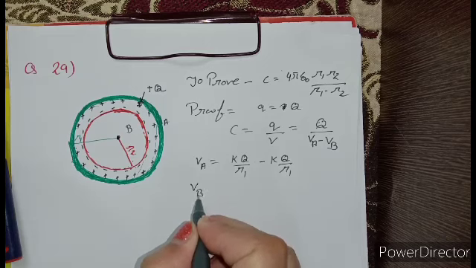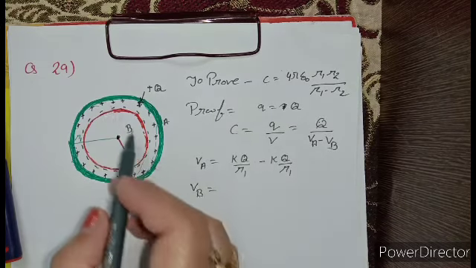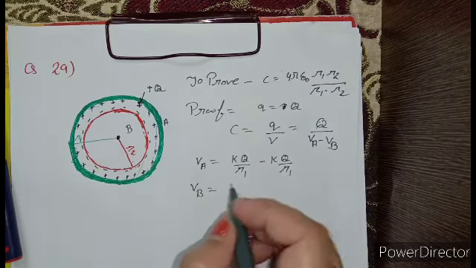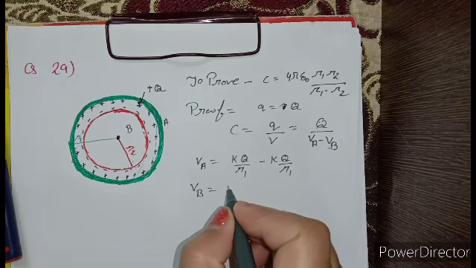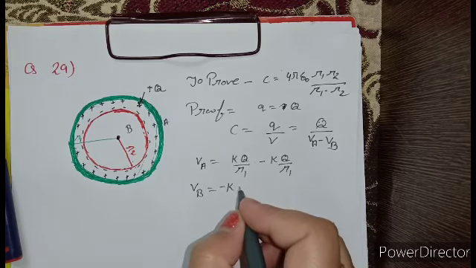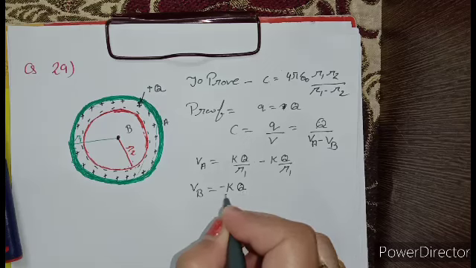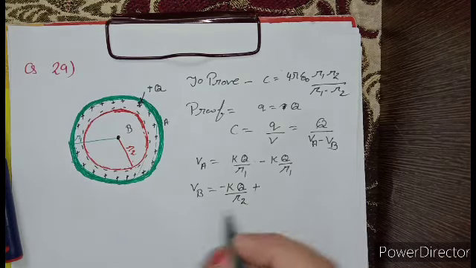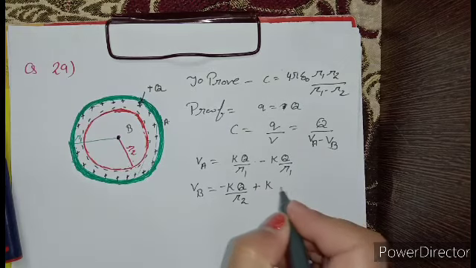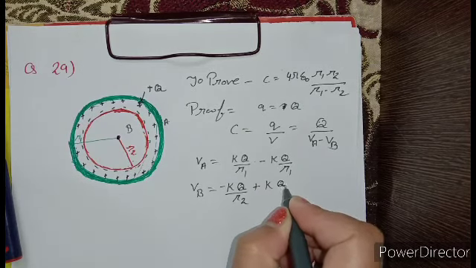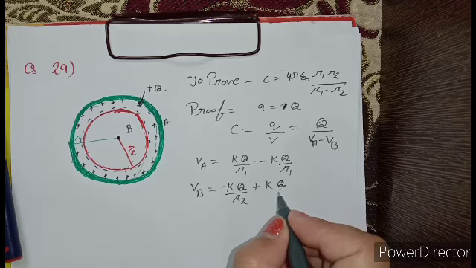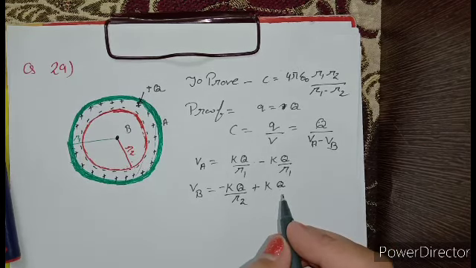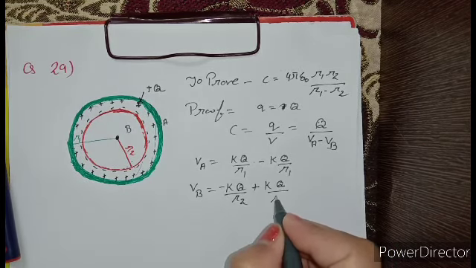Similarly VB will be equal to, due to this negative charge, minus KQ divided by R2 and plus KQ divided by R1.